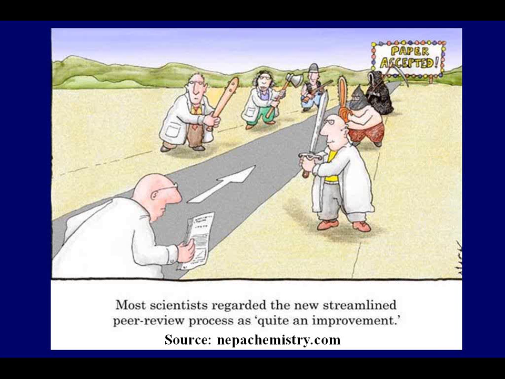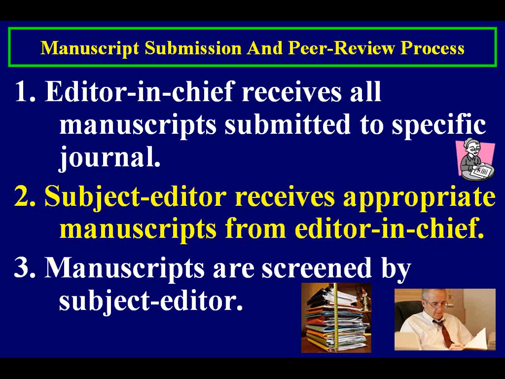Before that, I'd like to give some background associated with the submission process as demonstrated by this cartoon. The manuscript submission and peer review process involves a number of steps. The editor-in-chief, in this case, I'll be referring to the ESA journals that we have, receives all manuscripts submitted to a specific journal.